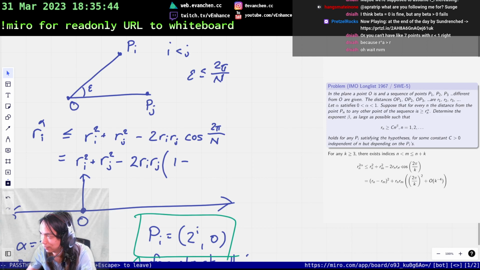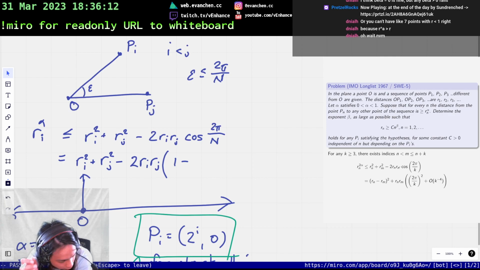Yeah, something's very wrong. And then it fails. Oh, no. Wait, hang on. No, the C can depend on the PIs. Oh, I'm so confused. Oh no, give me a moment. I hate quantifiers.